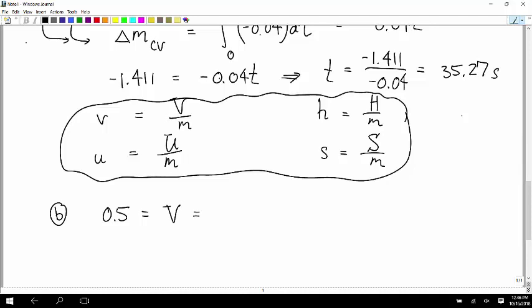And we know that that's equal to the total mass, so I'm going to write this as mass 2 times specific volume 2. So that's equal to, so now we have 1.411 for our specific volume. No, for our total volume. No. For our mass. This is our mass at state 2.